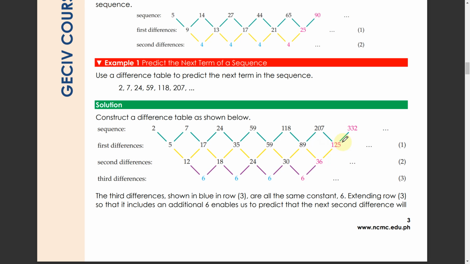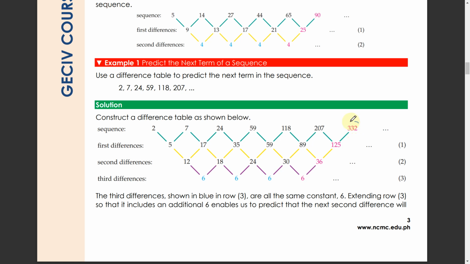So para ma-predict nato ang next first difference, that is 89 plus 36 is equal to 125. So para ma-predict nato ang next term after 207, which is our answer na dayon, that is 207 plus 125 is equal to 332.